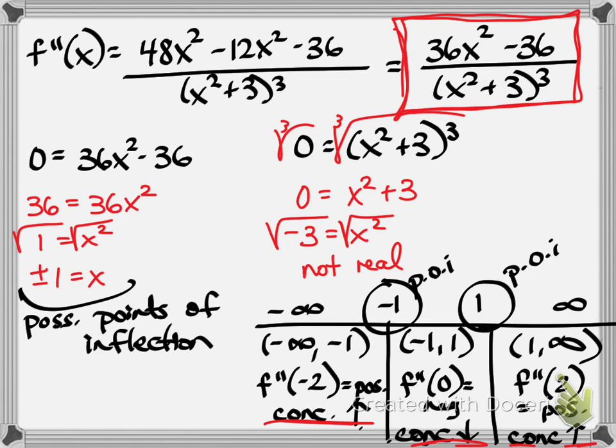Sometimes it'll be concave up, then concave down. So if it did not change, if this was actually concave up and concave up, then this negative 1 would not have been a point of inflection because concavity didn't change. All right. That gives you some stuff to think about.